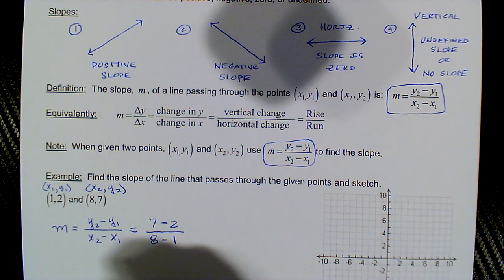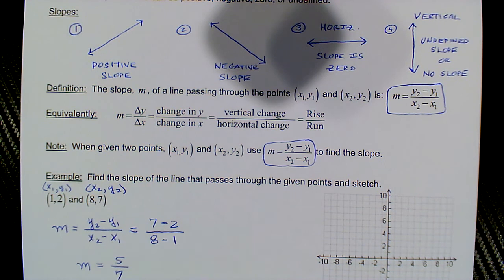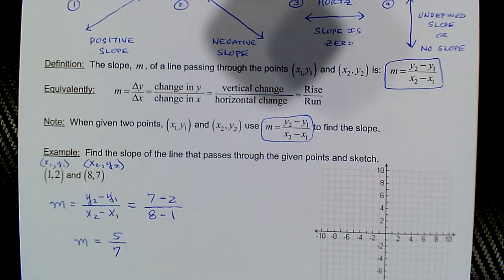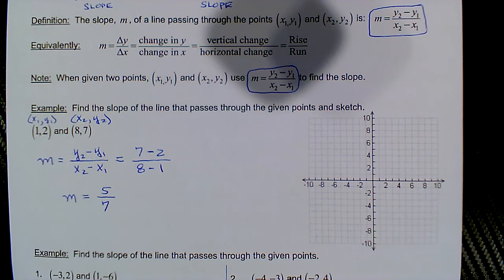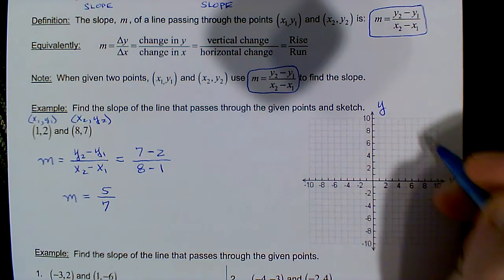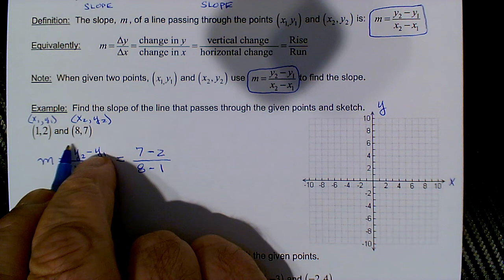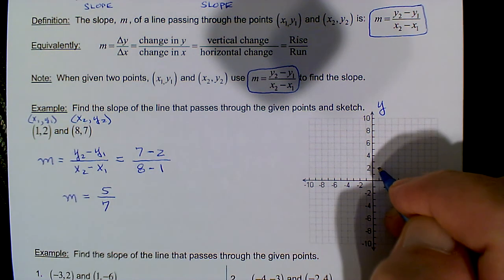Now, I want to illustrate with a little sketch exactly what that means. First, I should label my axes. But I had the points (1, 2) and (8, 7). So let's plot those. (1, 2), that's right here. And then (8, 7) would be right here.